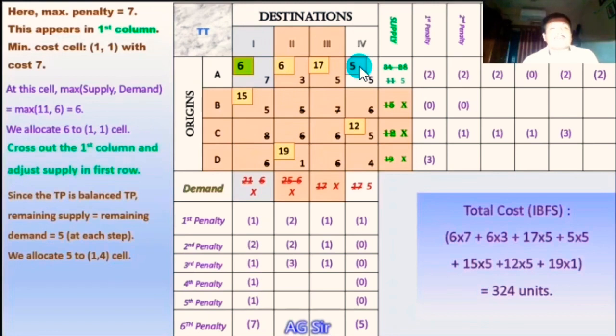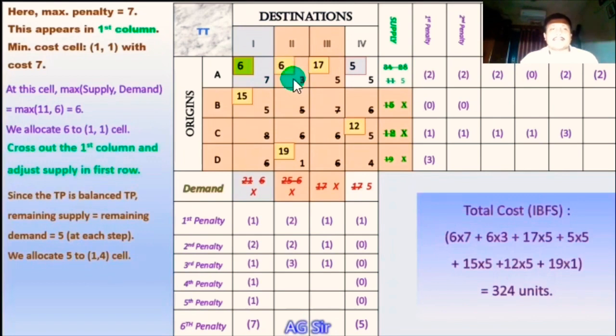Next, you compute the total cost. How do you determine the total cost in your initial basic feasible solution? You multiply each amount by the corresponding cost. I hope you can recall that if this 6 means you transfer 6 units from origin A to destination 1, but the per unit transportation cost is 7, then this cell costs you 6 into 7 units.